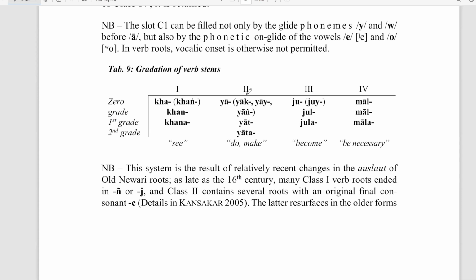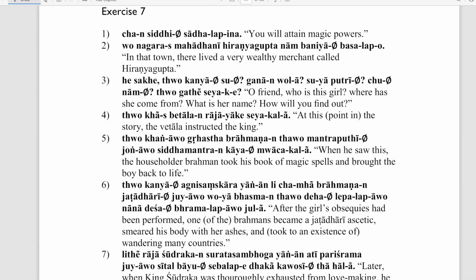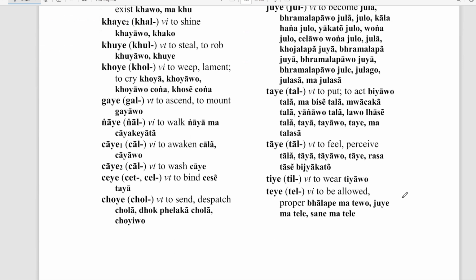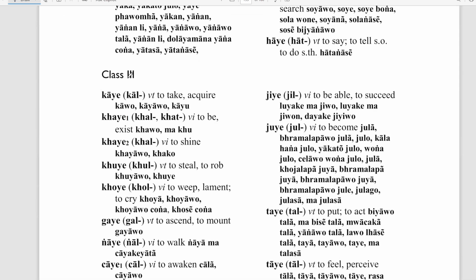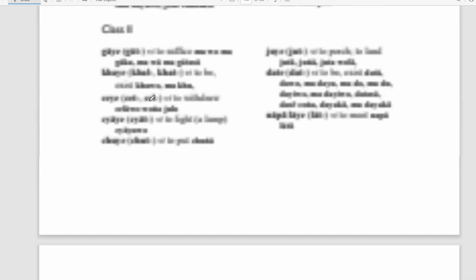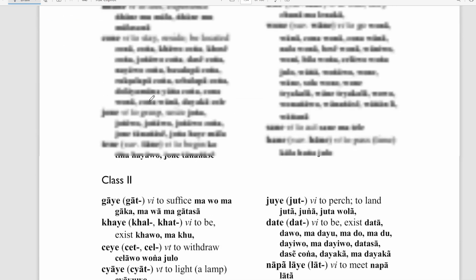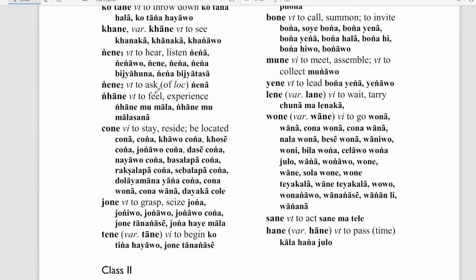So in the glossary, at the end of the book, you will see the author just classifies all the verbs in different groups, so you can check it, and that's the only thing we have in the current state.